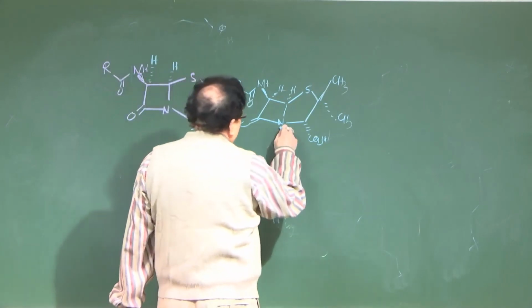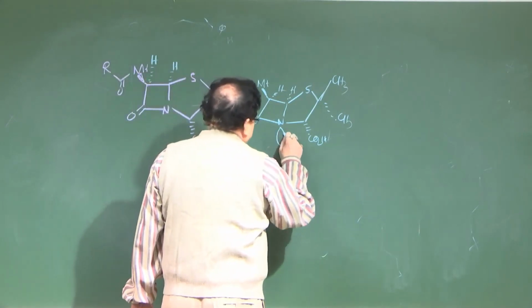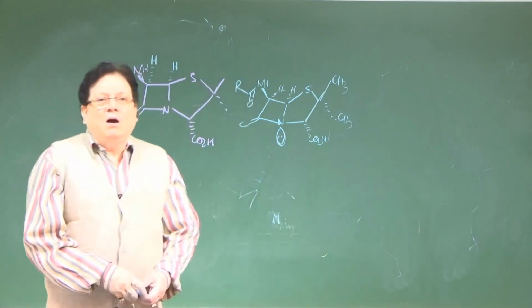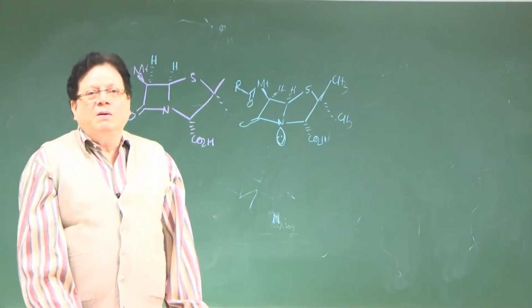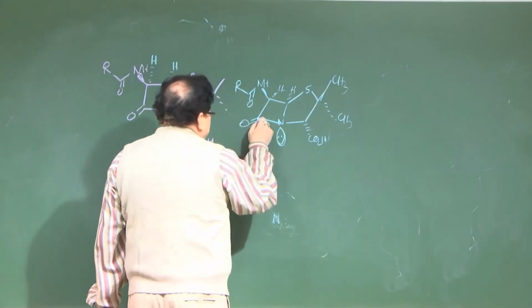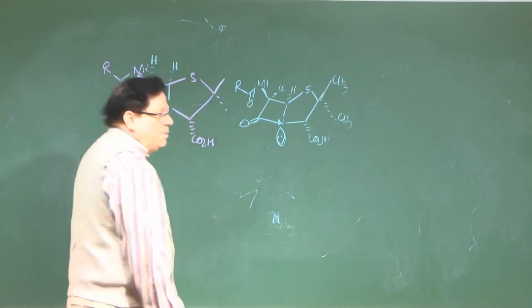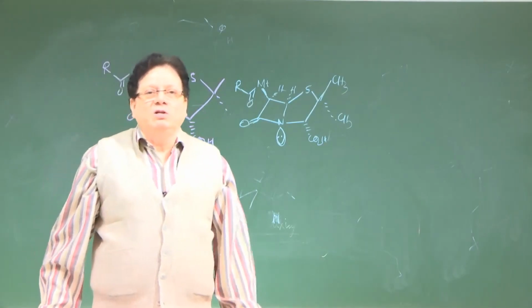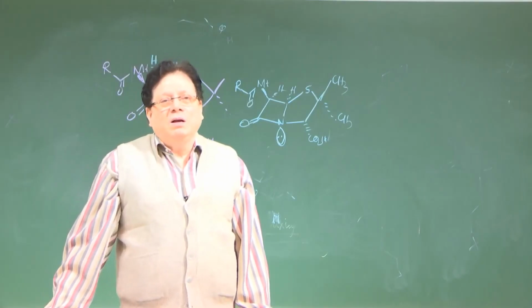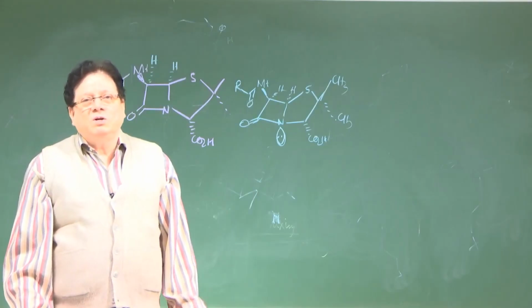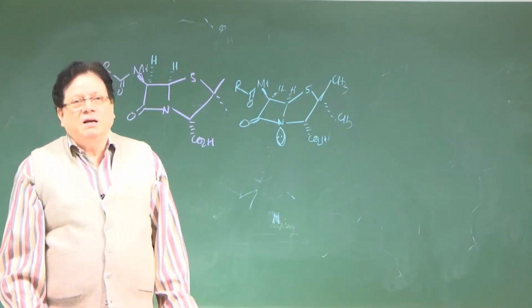First of all, where is the lone pair on the nitrogen? Nitrogen lone pair is pointing downwards. Okay. Now, if a question comes that in this molecule we have a carbonyl, and later on when you study a little bit of chemical biology, you will know how the penicillin molecule shows its biological activity.